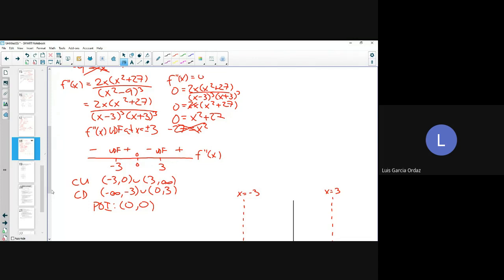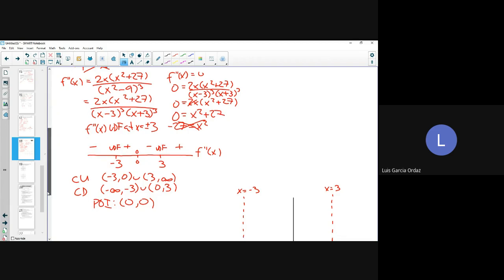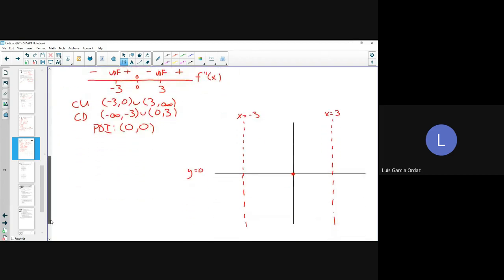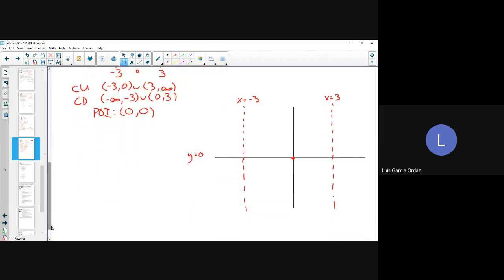Yeah, it has a point of inflection at 0, 0. So now I know that from negative infinity to negative 3, it is concaving down.